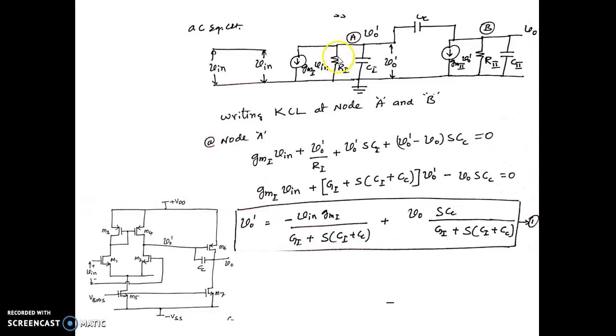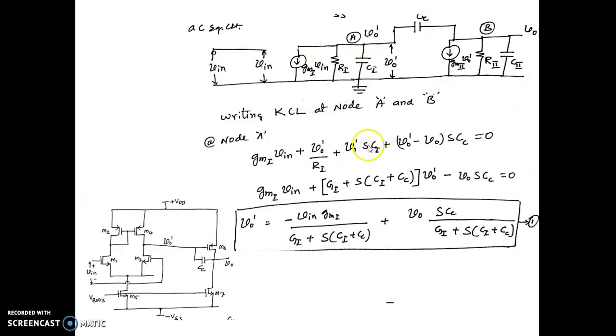Corresponding to that, the current through R1 is this, and the current through C1 is this current, and we have the current flowing through CC, which is the potential difference across that divided by the impedance. So these are the currents leaving node A, that is 1, 2, 3, 4. That is, we have one current, second, third, and the fourth current.